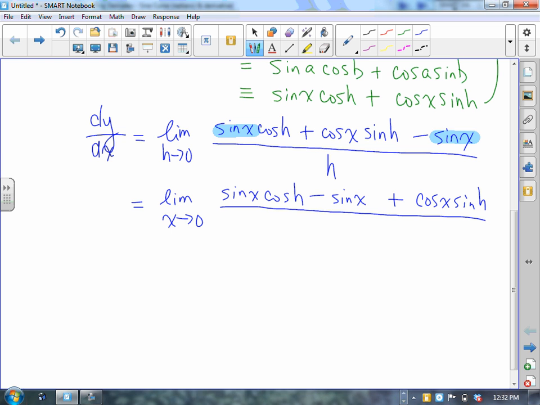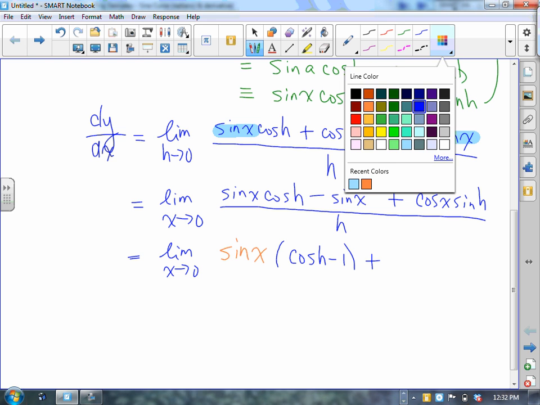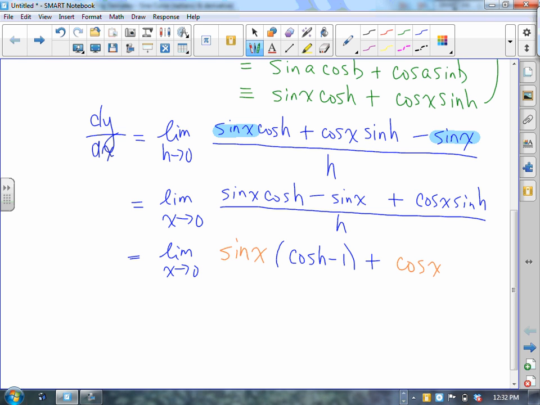The nice thing about that is that we can factor out a sine x. Pull that sine x out. What that means is we have cosine of h minus 1 left on the inside, plus the cosine of x times the sine of h, all over h.